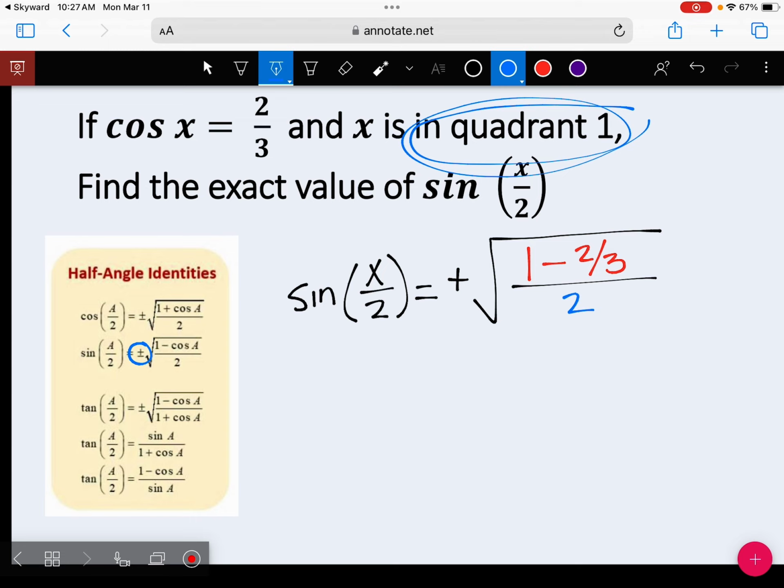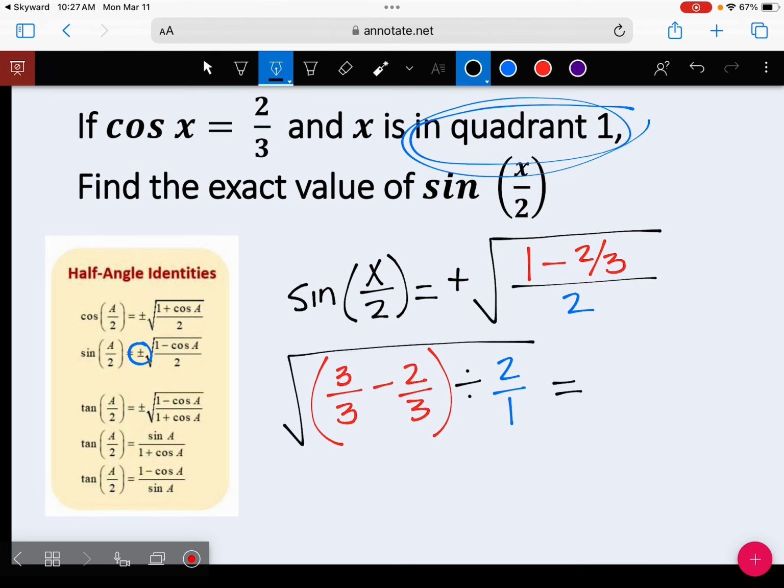So I'm going to simplify my numerator. So 1 is going to be rewritten as 3 over 3 minus 2 over 3. And that's divided by 2 over 1. This is my square root.